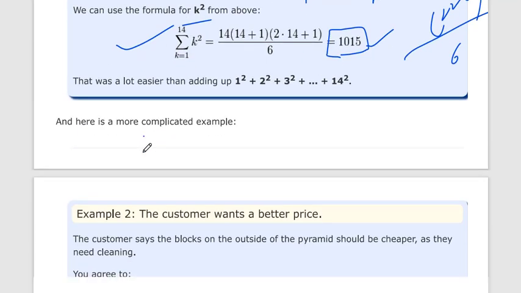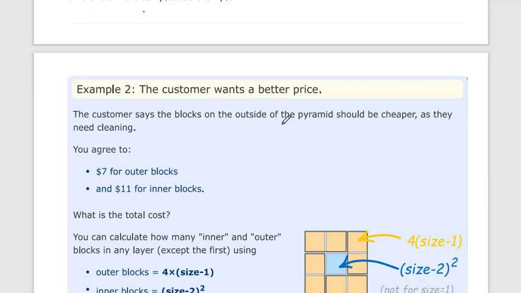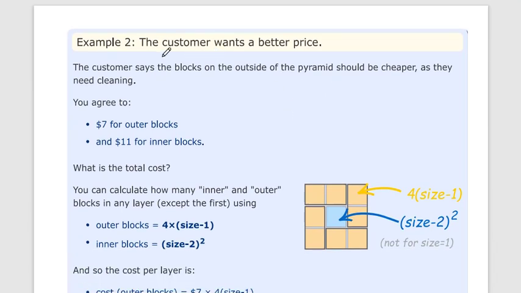Now let's see a more complicated example. The customer also wants a better price. How? The customer says the blocks on the outside of the pyramid should be cheaper as they need cleaning. Here you can see this is the first layer, sorry, this is the second layer, and these are all on the outer side.